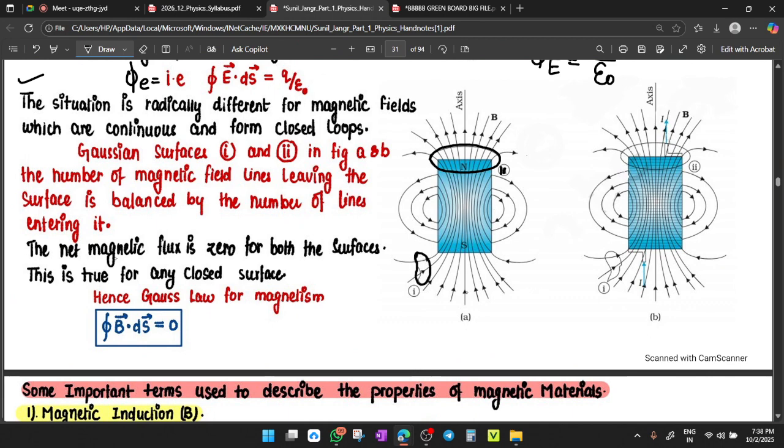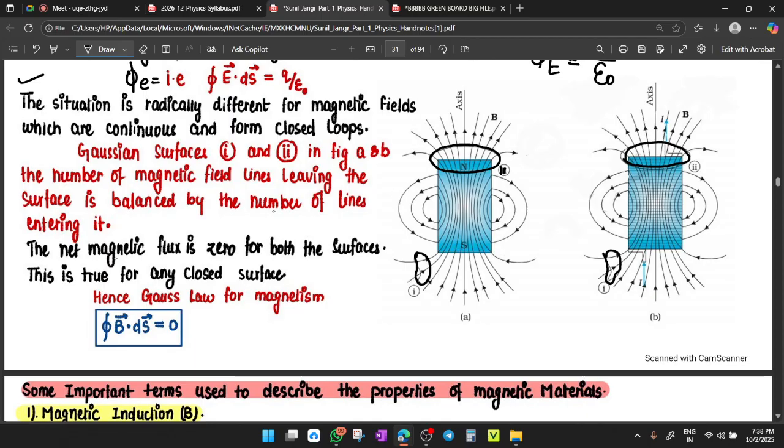And this is the case of a magnet. Here another bar magnet is given, and this is the magnetic axis along the north-south pole. This is our Gaussian surface.